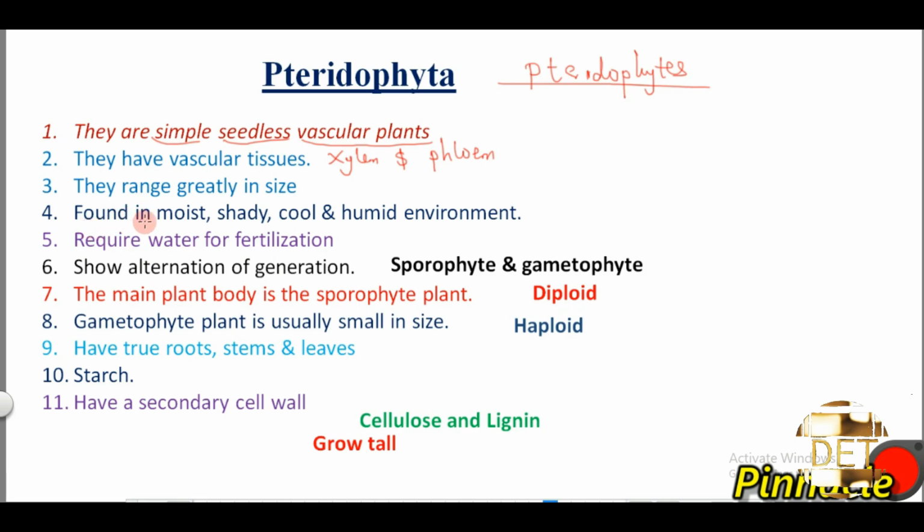Then pteridophytes are found in moist, shady, cool, and humid environments. In other words, pteridophytes cannot be found in an arid, very dry environment, because they require water for fertilization.